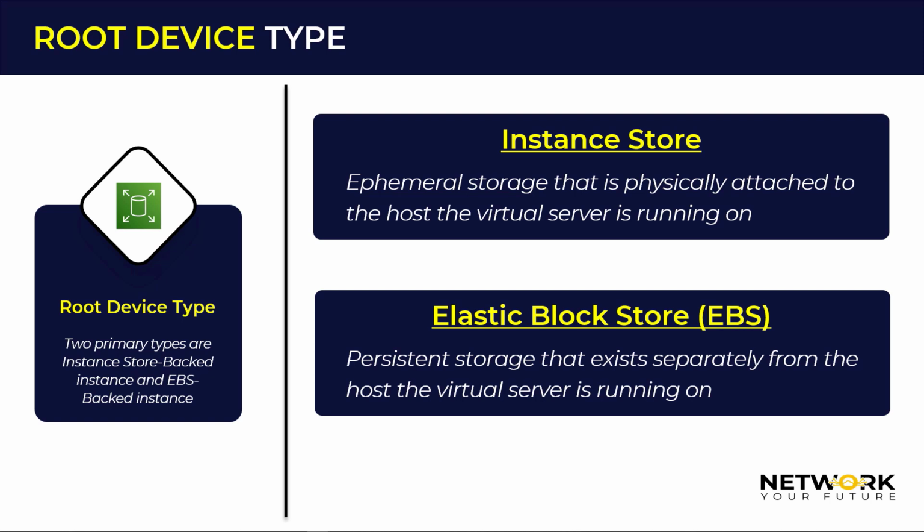These volumes persist independently from the running life of an instance, which means that these volumes can be detached from one instance and attached to another. They can also be created as an encrypted volume using EBS encryption feature, and you can have backups for EBS by creating snapshots, which is not possible with instance store.